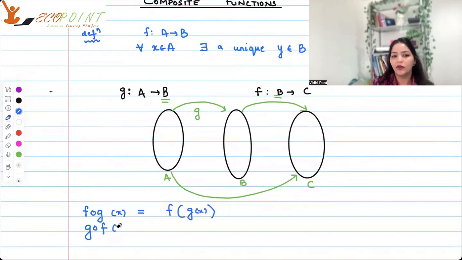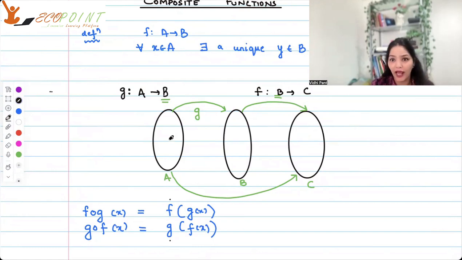In case you are talking about g of f of x, you are basically talking about g of f(x). So these two are very different things. See, what's happening here is you are applying f on g(x). So g(x) has to be in the domain of f. What you're doing in the other case is you're applying g on f(x). That means f(x) has to be in the domain of g. So that is what composition is.